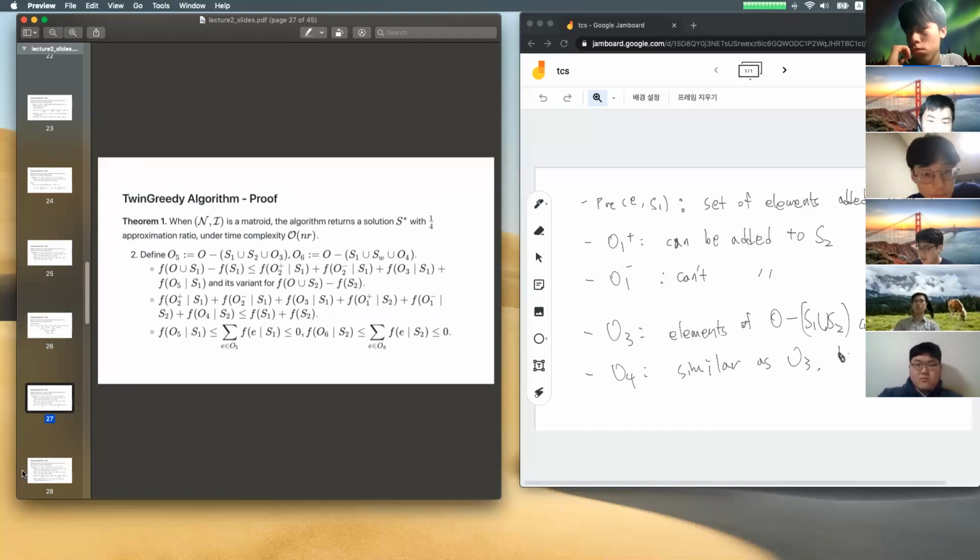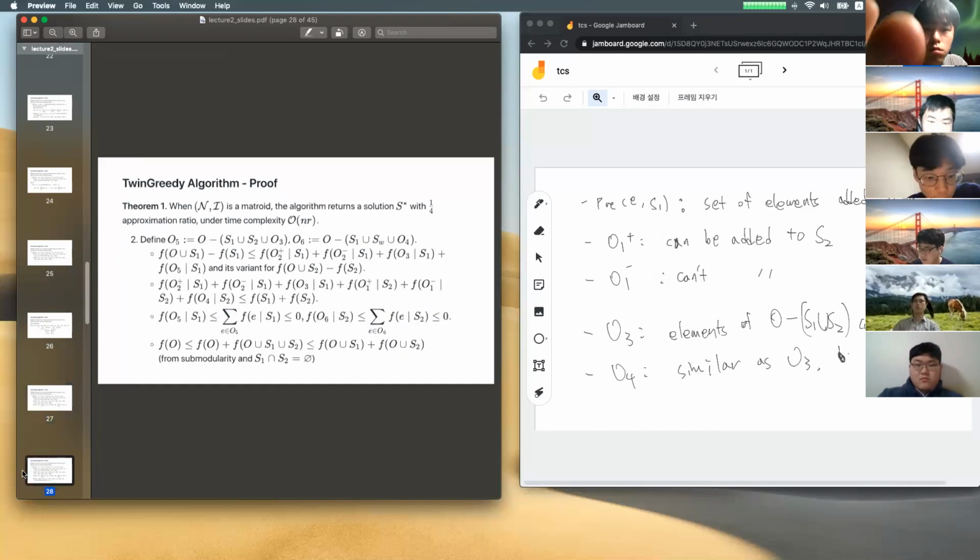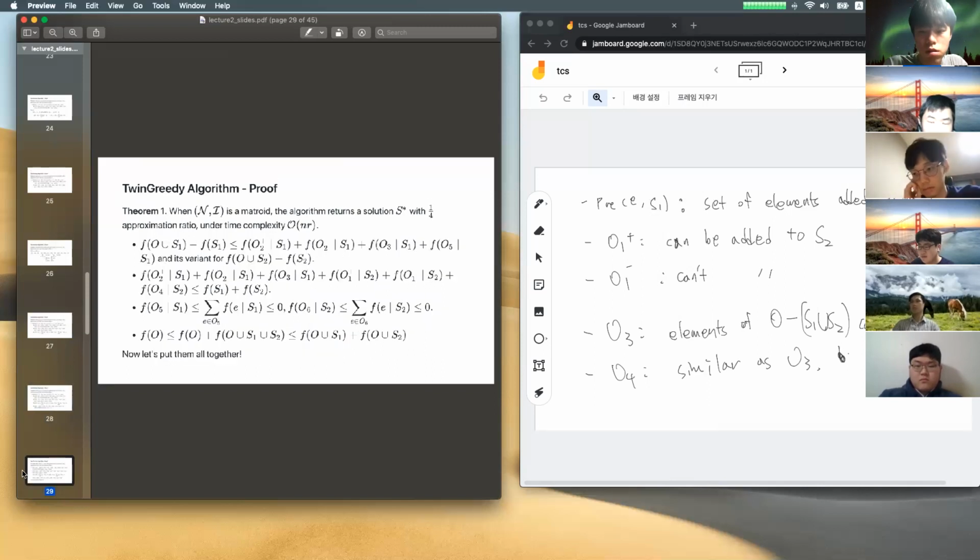These things hold, and one more inequality.